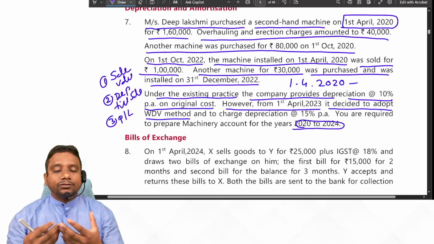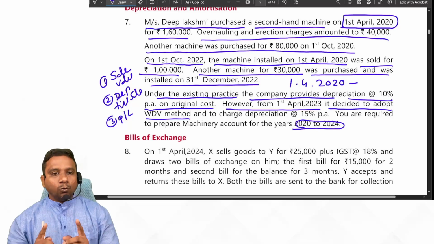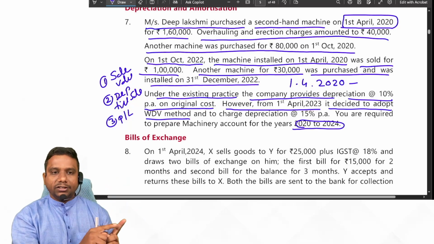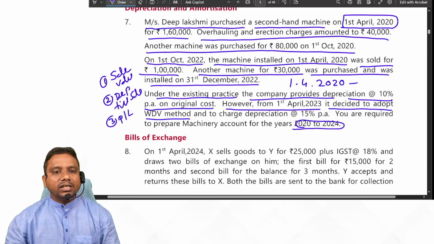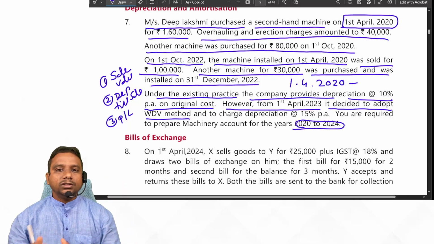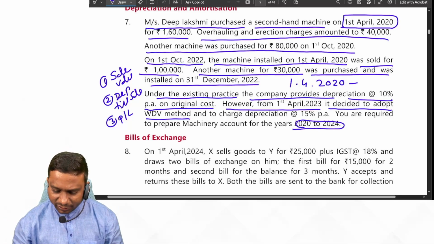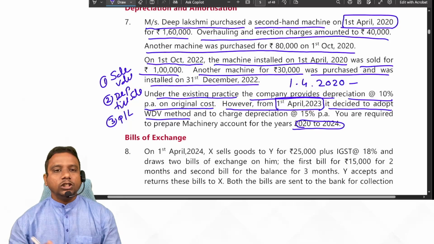When the method of depreciation has been changed, there are two possibilities. One, the change may be taken with retrospective effect, meaning from the date of purchase of the asset, or simply we can change the method from the year itself, without any retrospective effect. Here they said the method changes from 1st April 2023.